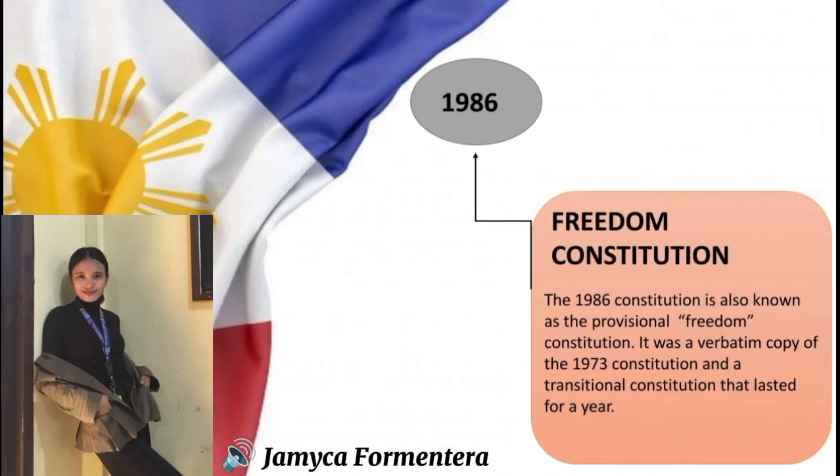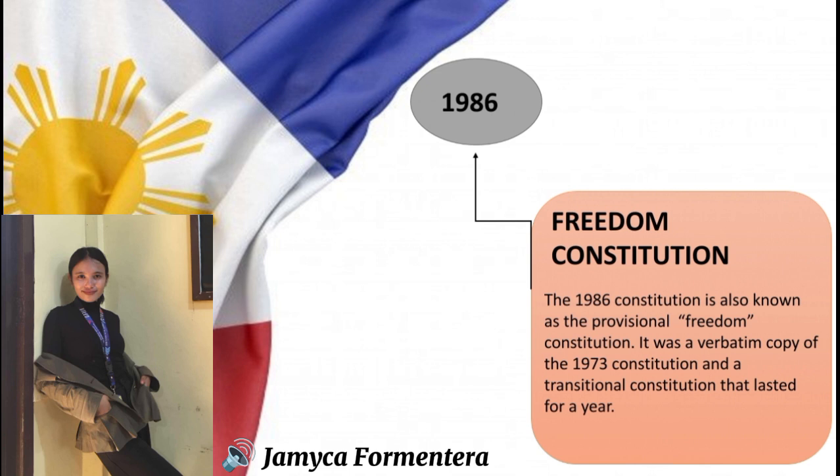The 1986 Freedom Constitution, enacted by President Corazon Aquino after the People Power Revolution, served as a pivotal transitional charter that restored democratic governance and civil liberties in the Philippines, such as freedom of speech, press, and assembly.